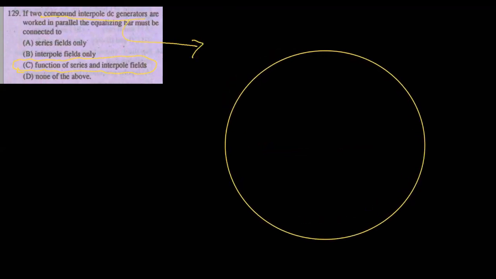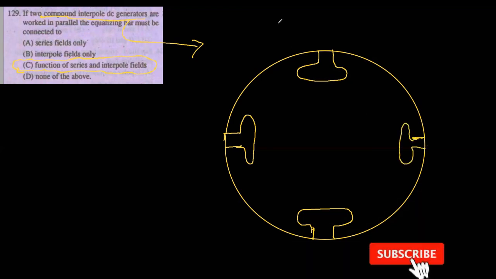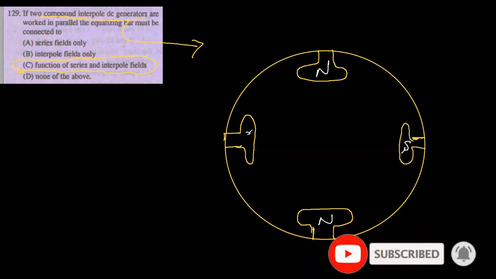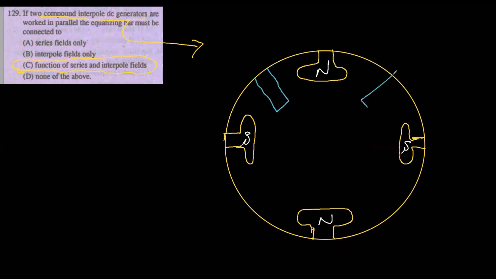So a compound interpole DC generator is like this. And we use the interpole just to reduce the effect of armature reaction.